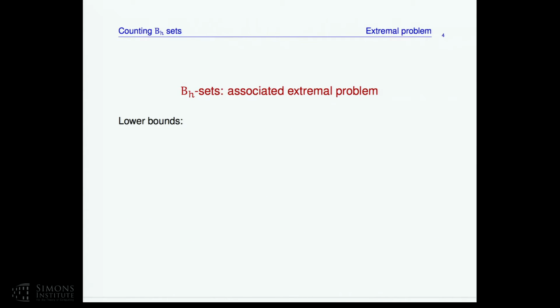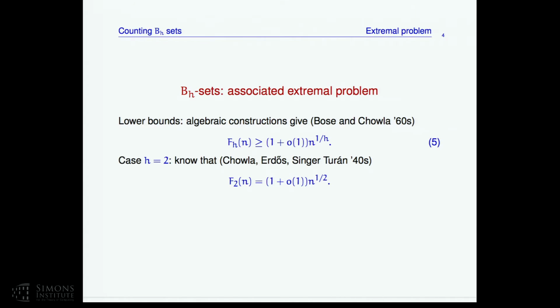Continuing a little bit, for lower bounds for this extremal function, Bose and Chowla gave an algebraic construction which gives n to the 1 over H for this function with coefficient 1, or 1 plus little o(1). For H equals 2, you actually know that this coefficient is 1 plus little o(1), or you even know a little bit more than that.